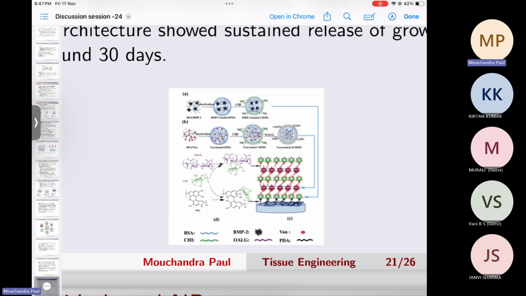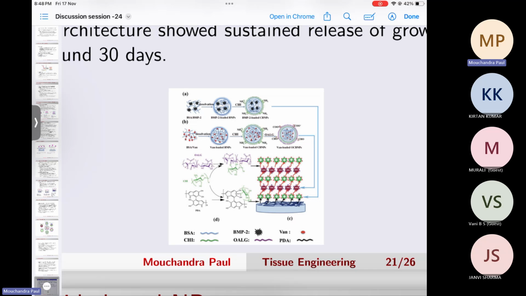Now here, this nanoparticle was given opposite charge. How did they do that? They first coated it with chitosan so that it becomes positively charged, and on top of it, they coated it with oxidized alginate. Oxidized alginate gives it an overall negative charge because of its carboxyl groups.